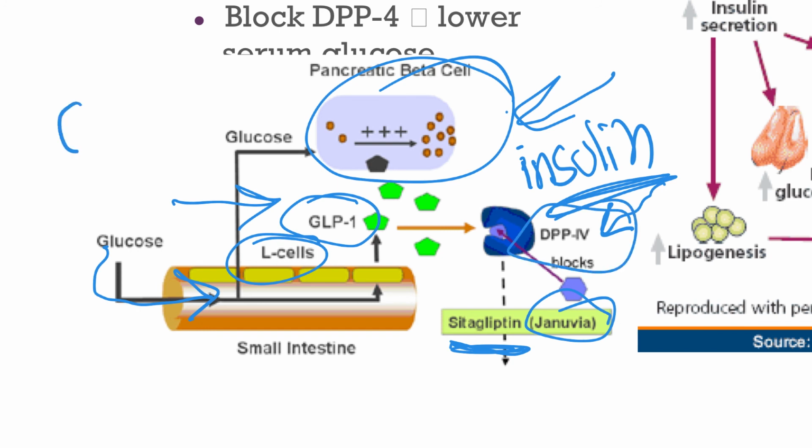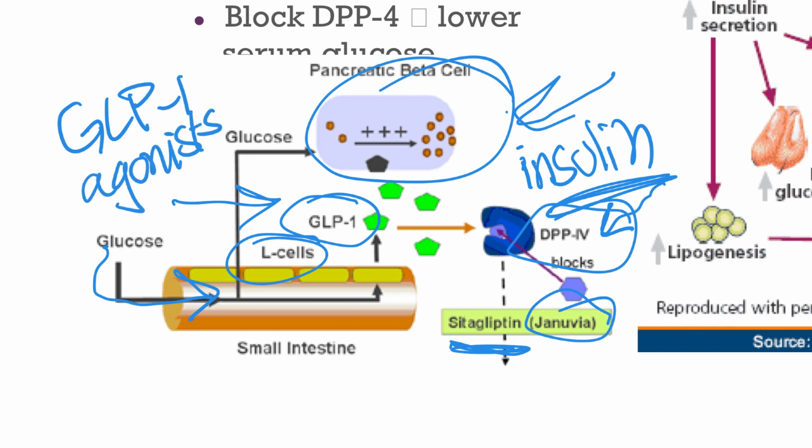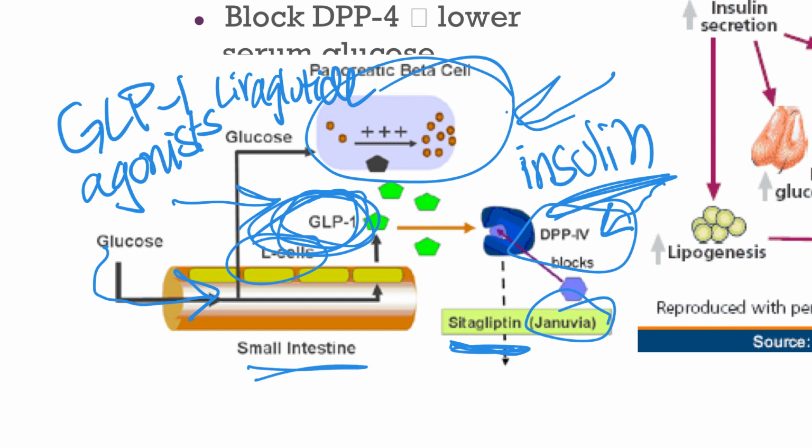We also have direct GLP-1 agonists, and those include medications like liraglutide and exenatide. Those tides, those bind directly to GLP receptors, which are located primarily in the intestines to drive release of GLP-1. More GLP-1 equals more insulin.